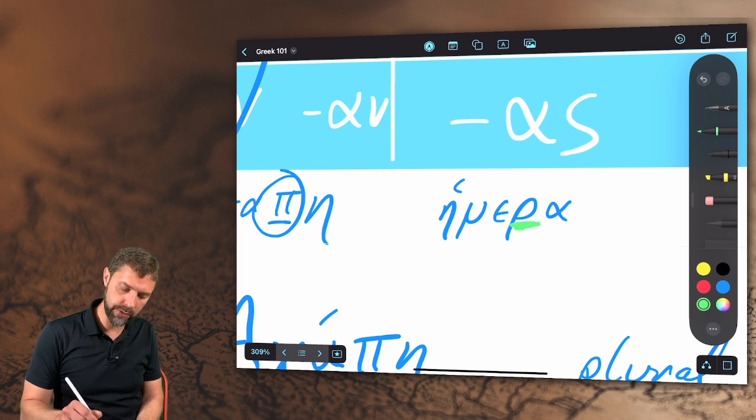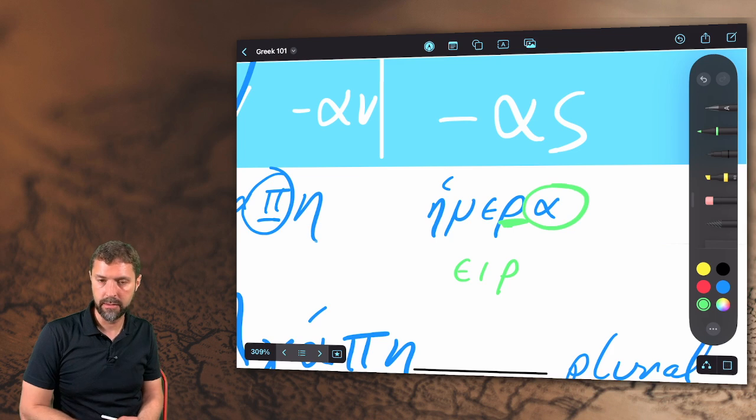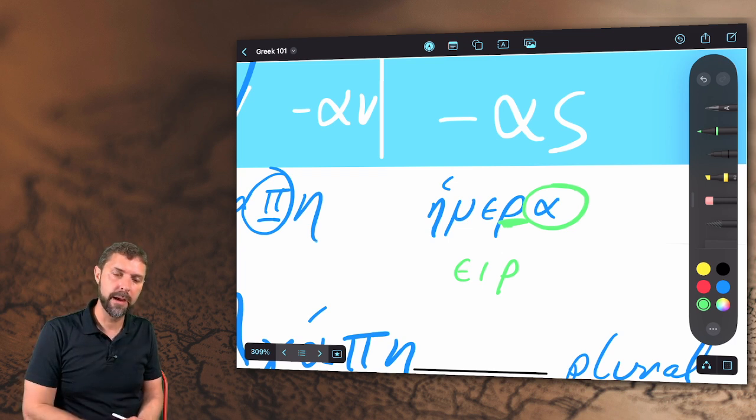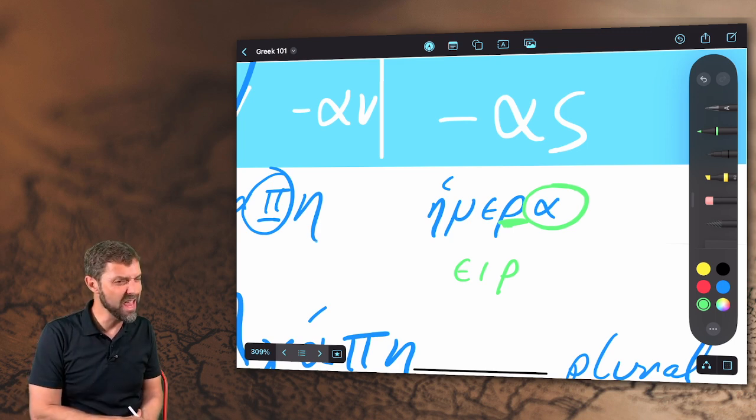And the three letters we're talking about, if it's a rho or an epsilon or an iota, then it's going to use an alpha instead. I learned this by thinking ear, as in ear, and you can say ear, hearing, and so you could say eh.